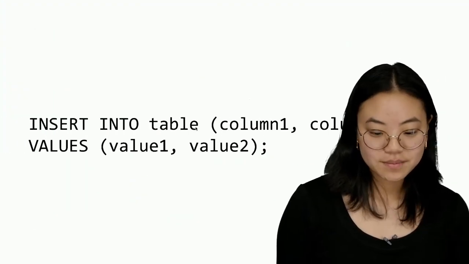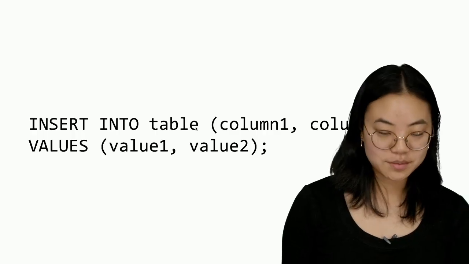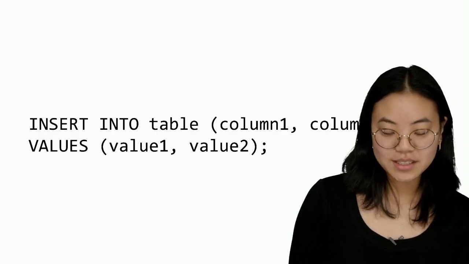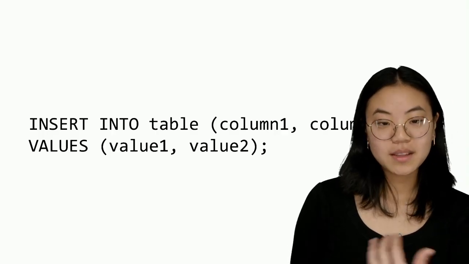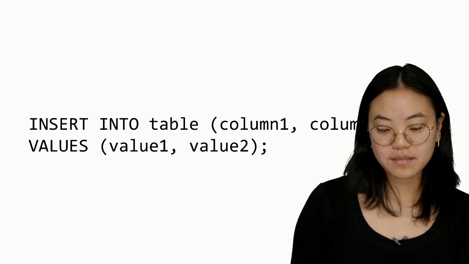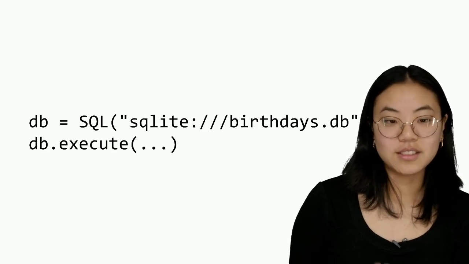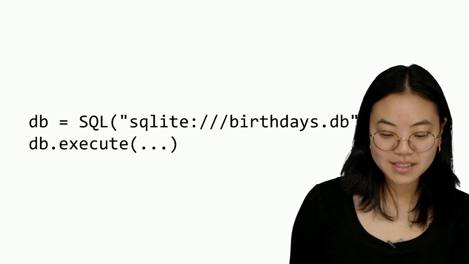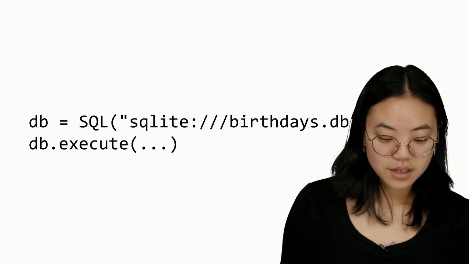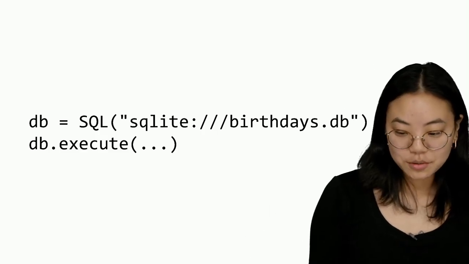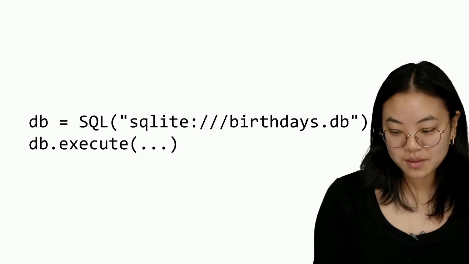So to insert it, our SQL notation is very similar to what we saw in SQL week. We have insert into the name of the table, and then the columns, and then the name of the values. And so when we're writing it in Python, we're going to see something a bit like this, where we have db equals SQL and then the name of the SQLite database.